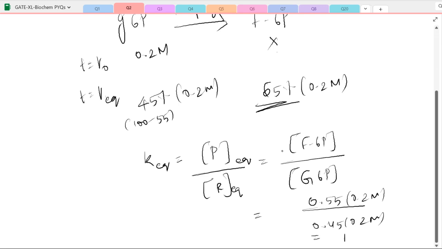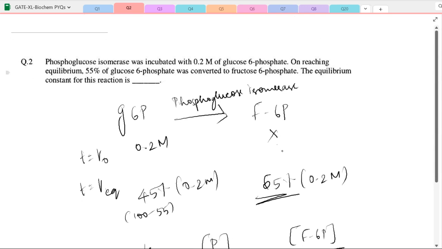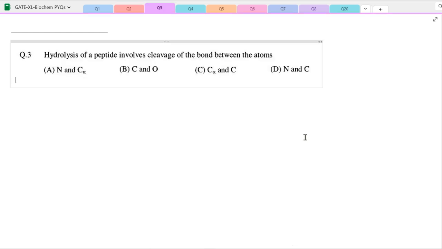So that will be equal to 1.22 approximately. It's recurring, so it's 1.22. So the correct answer here is 1.2 as per the answer key. I hope you find this a very simple question if you know basic chemistry. Moving on to the next question.